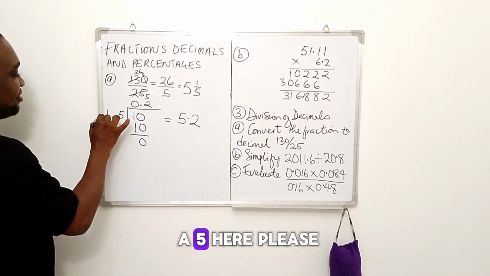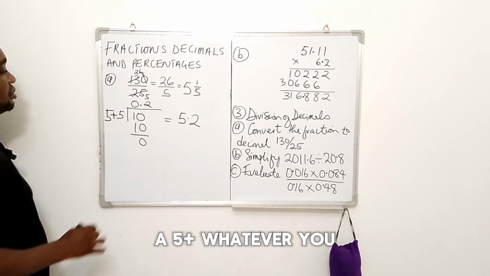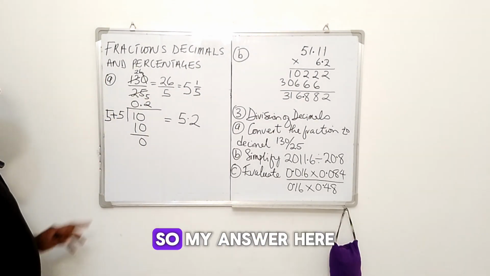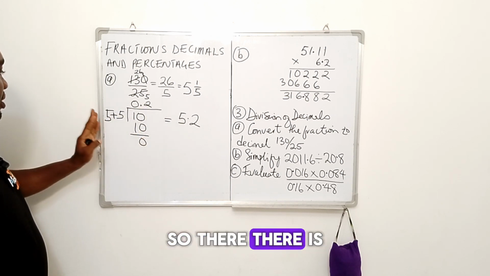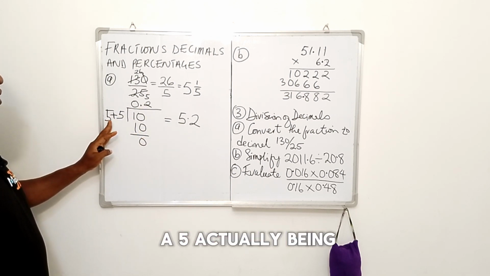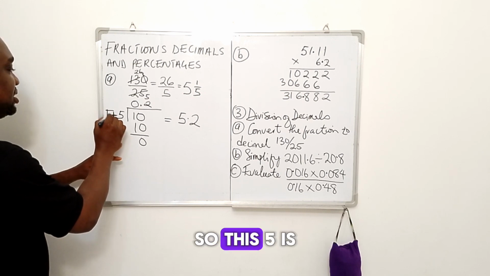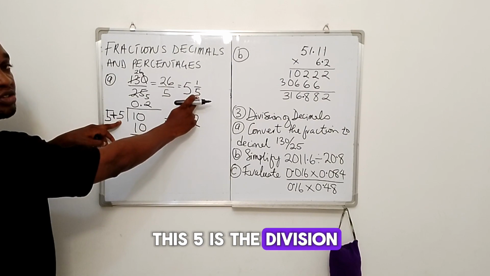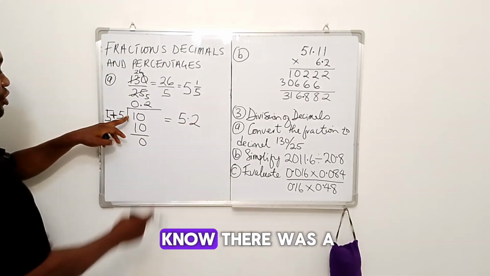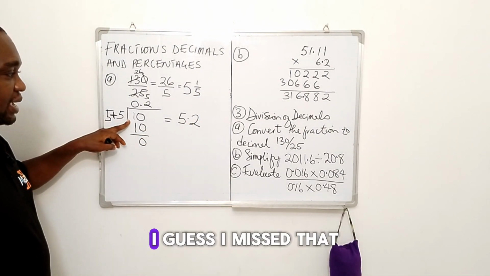There should have been a 5 here, please. A 5 plus whatever you have here. So my answer here, 0.2, is now 5.2. So there is a 5 actually being added here. This 5 is the divisor, the denominator. And there was a 1 here. I guess I missed that.